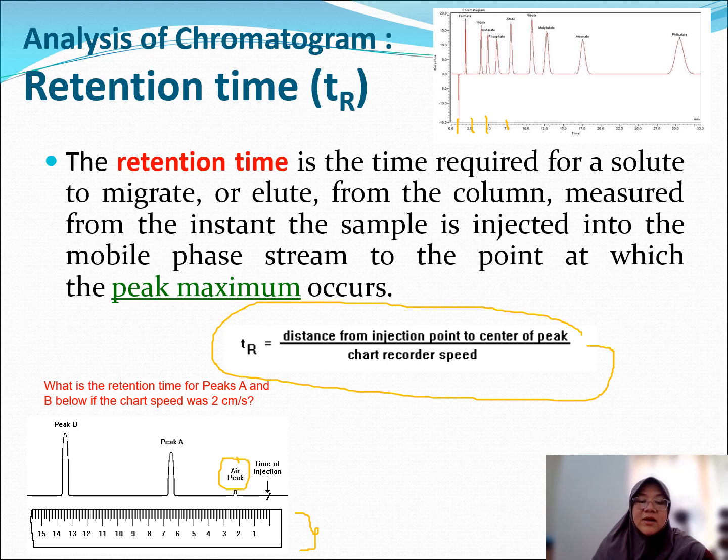Then at 6.5 retention time comes peak A, and at 13.5 retention time comes peak B. So in the chromatogram using a graph, the data that usually comes out is the time of the compounds eluted from your sample mixture or from your extract, after you inject it into your machine.